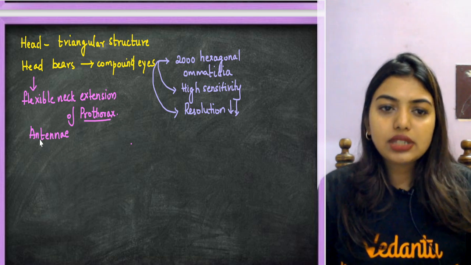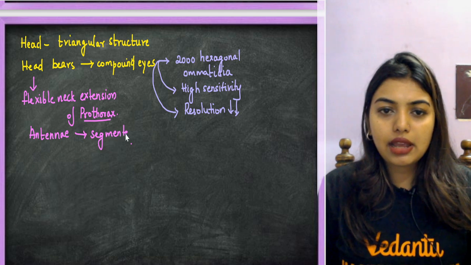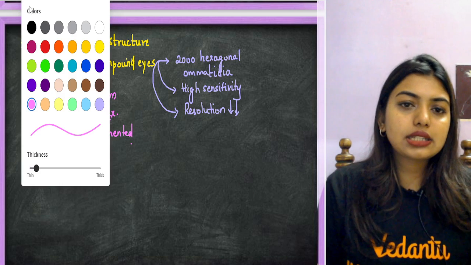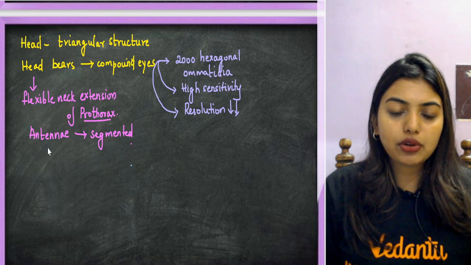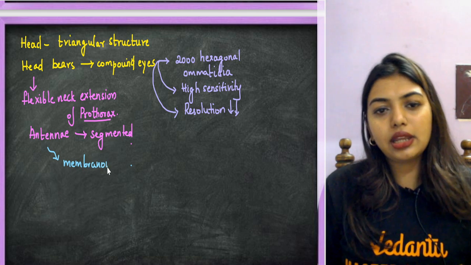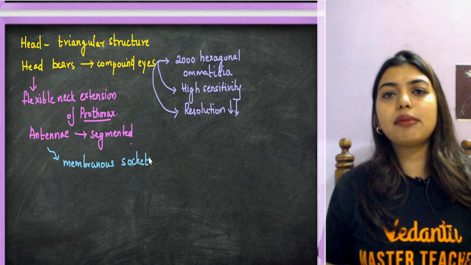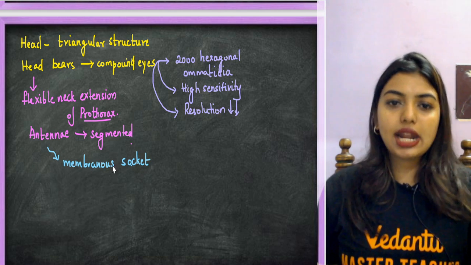Now this antenna is segmented. And where is it present? Very important, this antenna is present in a membranous socket. Inside this membranous socket the antenna will be present.